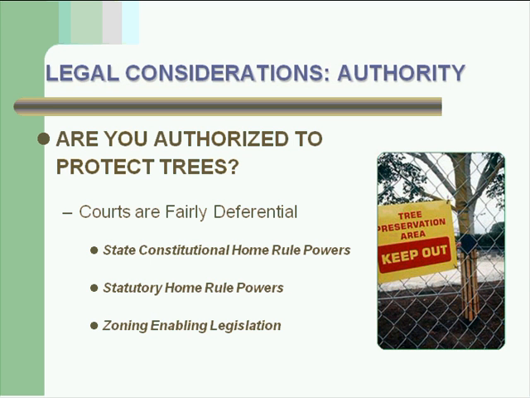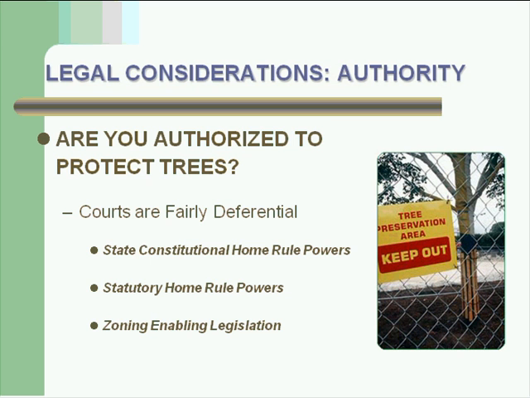Another type of power that is given to local governments comes through home rule powers through statutes instead of the state constitution. And some states have that. For example, in Colorado, some of the local governments are given the statutory, not state constitutional, home rule power to generally govern and carry out municipal purposes.